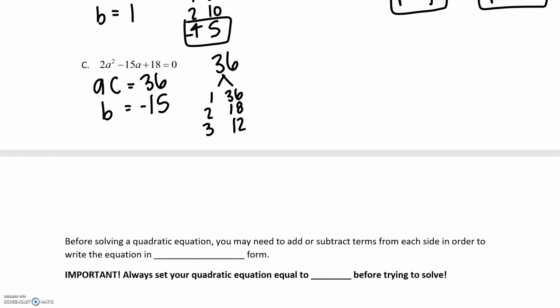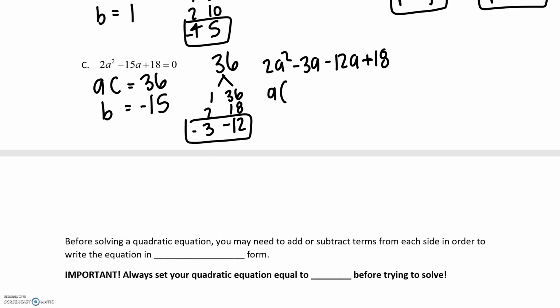We're going to use that 3 and 12. Make them both negative. Where we should have 2a squared minus 3a minus 12a plus 18.